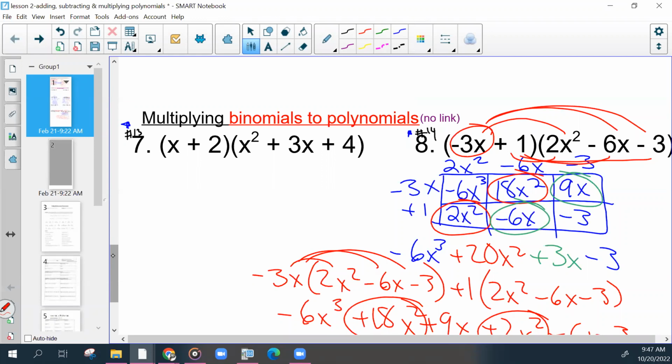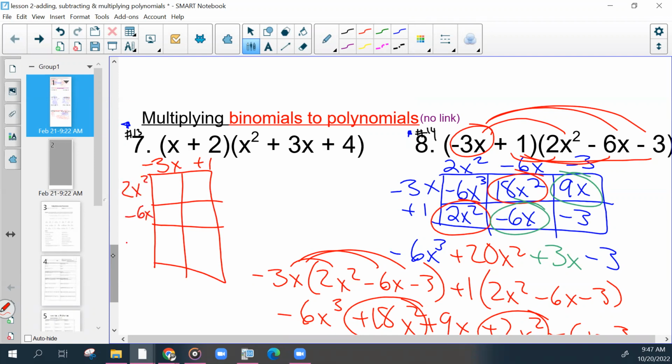I could have drawn it vertically for this one. And did negative 3x plus 1. I could also put this over here. I could also put this down here. That part doesn't matter. It just has to match however many terms you have.